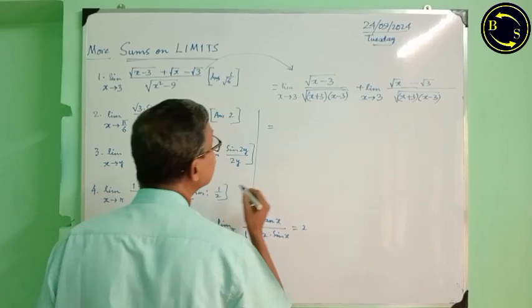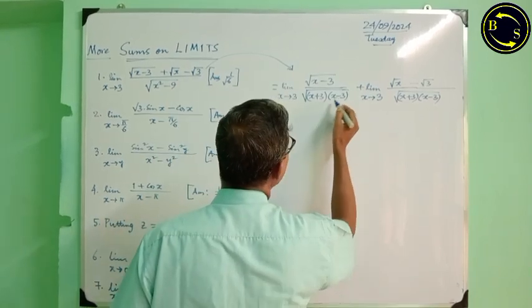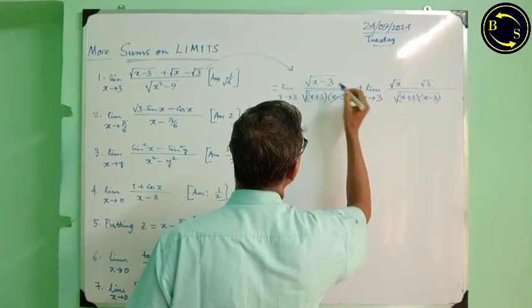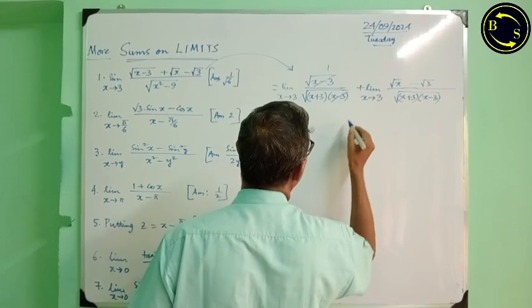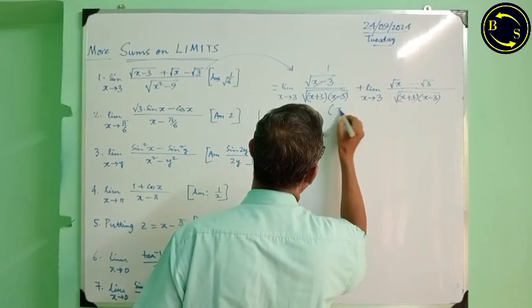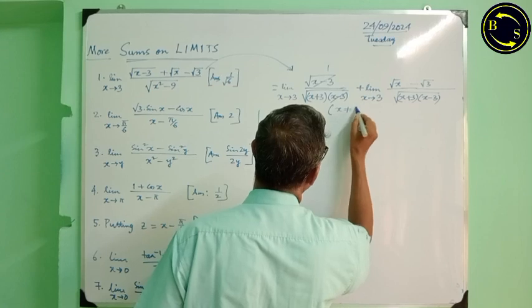For this part, we cancel this one, mentioning x is not equal to 3.